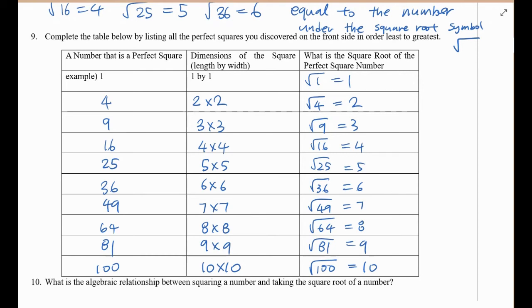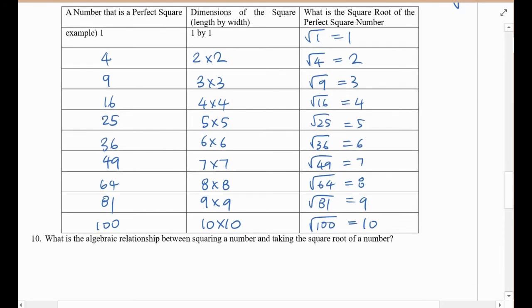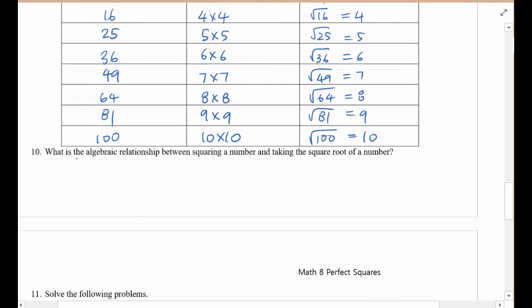All right, everyone, look at this table. Did you guys find the same answer? All right, let's move on to number 10. What is the algebraic relationship between squaring a number and taking the square root of a number? Okay, so it's exactly opposite meaning, everyone. When you have 3 squared, that is 9.